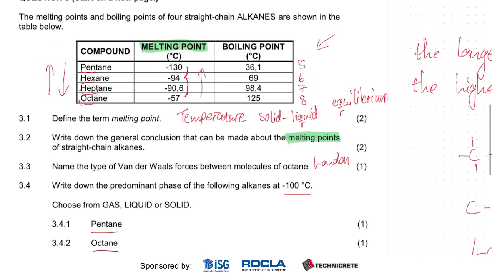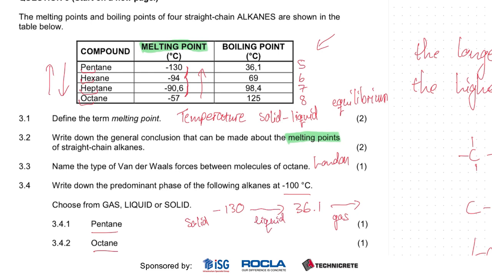So pentane at negative 100 is definitely solid because it only melts. Oh no, it's definitely liquid, sorry. It melts at negative 30. Yeah, so negative 30, it already melts, and then at 36.1 it boils. So yeah, so here it becomes a gas, here it's solid, and here it's liquid.